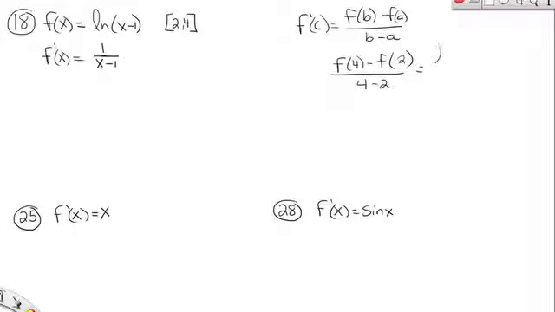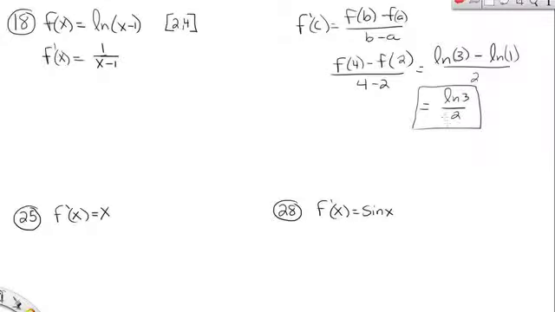That's going to be the natural log of, plugging in 4, 3, minus, plugging in 2, the natural log of 1 over 2. The natural log of 1 is 0. So this simply becomes the natural log of 3 over 2 as my average rate of change. We might put that as a decimal in a minute, but for now let's just leave it alone.